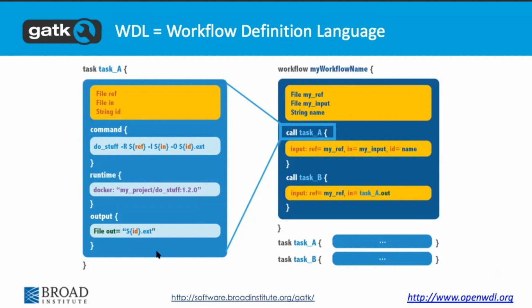And in fact, it's smart enough that if you put this invocation before this one, it will still be fine. It will not break things because Cromwell will figure out in which order to run the tasks. But if there's some kind of cycle in your graph, then it will break things.